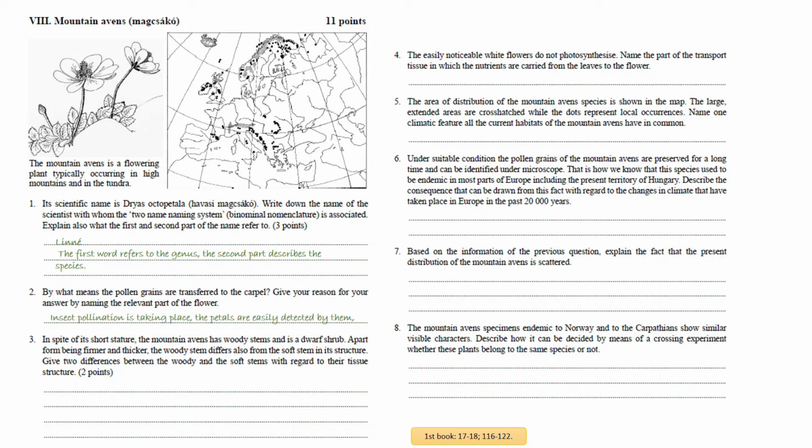So insect pollination is taking place and the petals are easily detected by these little animals. In spite of its short stature, the mountain avens has woody stems and is a dwarf shrub. Apart from being firmer and thicker, the woody stem differs also from the soft stem in its structure. Give two differences between the woody and the soft stems with regard to their tissue structure.